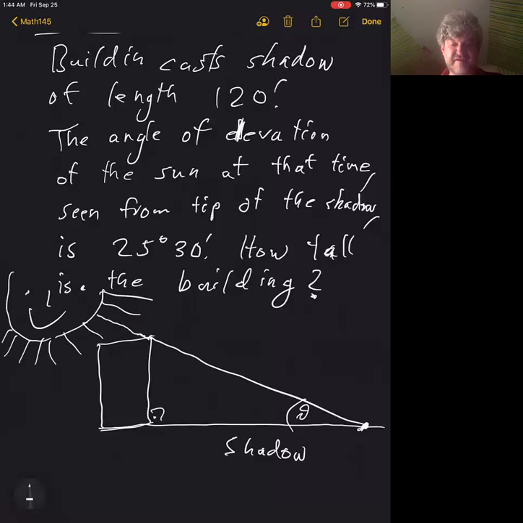The sun sends out rays in all directions, but the ones that limit the shadow, that's the one that goes just across the edge of the building. The others either do not limit the shadow or they are blocked by the building.